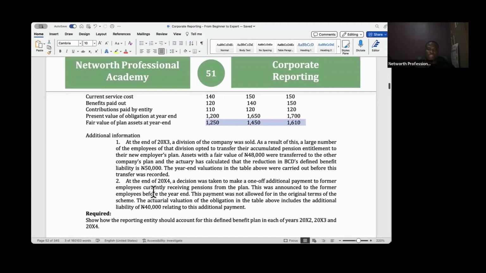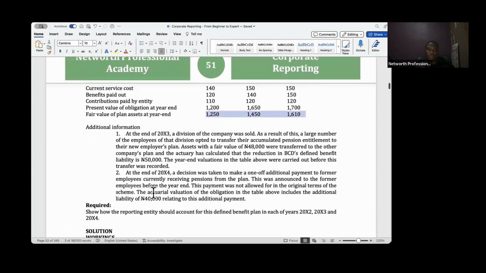So he now gave us some additional information. He said at the end of 2003, a division of the company was sold. As a result of this, a large number of employees of that division opted to transfer their accumulated pension entitlement to their new employer.